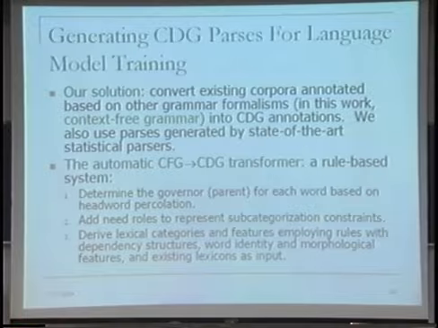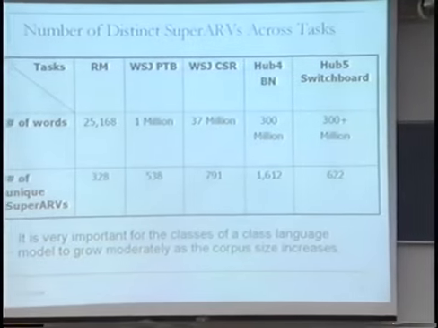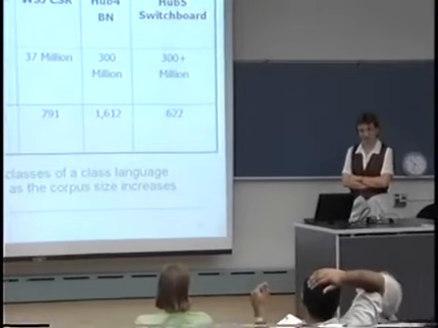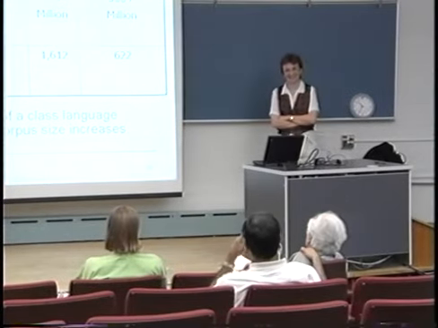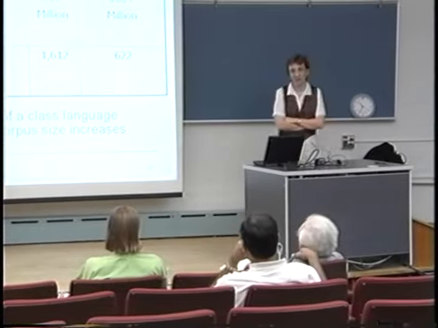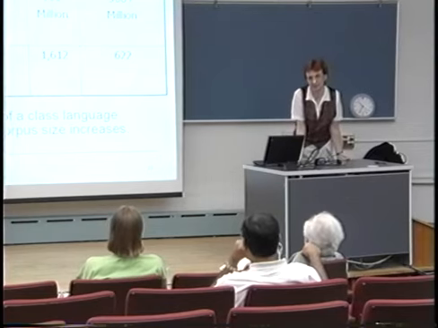Sorry, let me ask one more question on the previous slide. Is it the case that the growth in the number of super ARVs doesn't come from the open class words? If you keep adding proper nouns, they're not going to contribute anything new. Proper nouns don't add anything. So is that why it's not growing? Verbs grow the fastest. Conjunctions are pretty high as well.